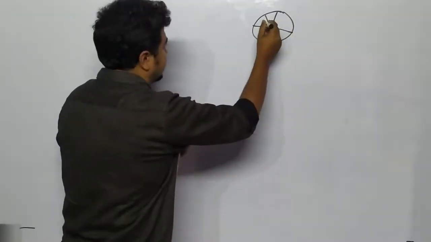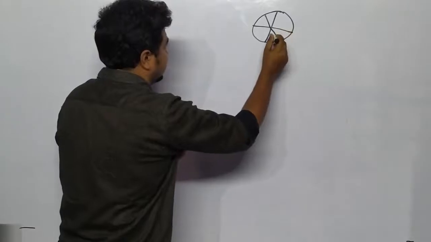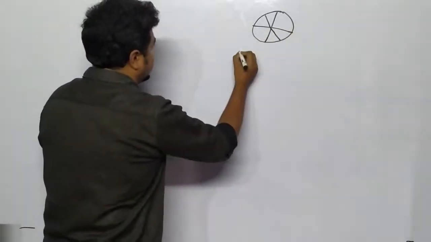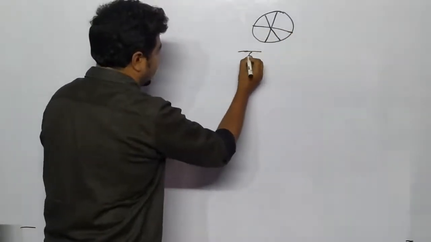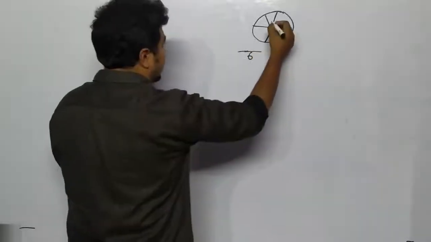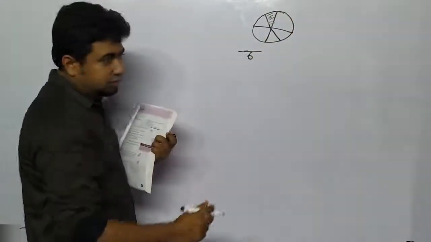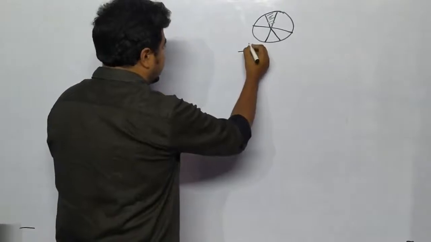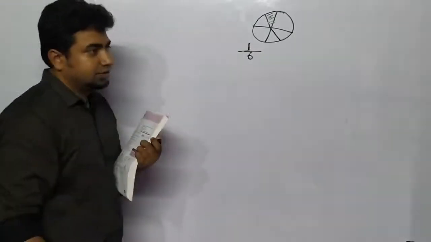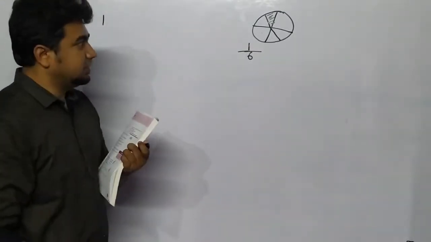How many parts are there? One, two, three, four, five, six. As a whole, means how many parts? Six parts. Out of that, if I'm coloring this part, a part of a whole, only this is shaded, means the fraction here will be 1 by 6.